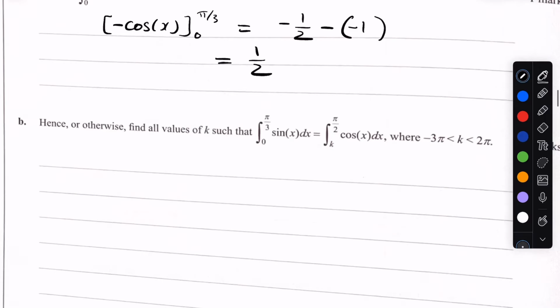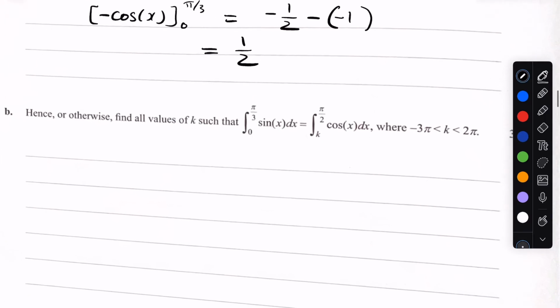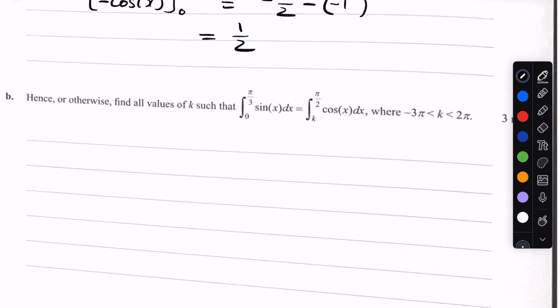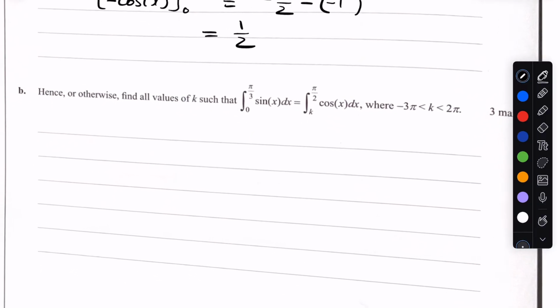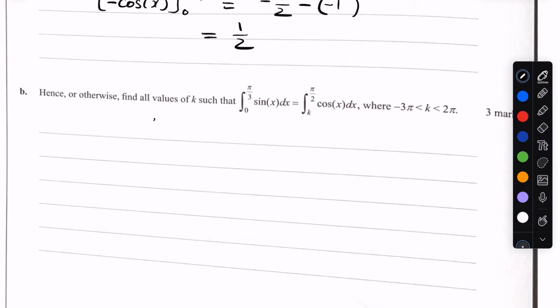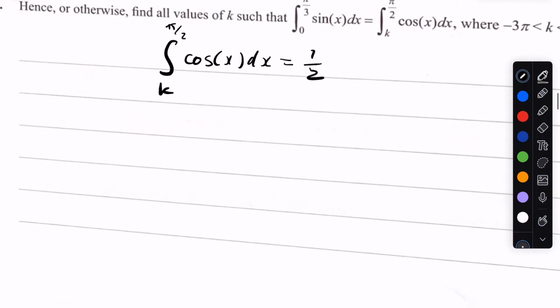And so, find the values of k such that the integral is equal to that, where k is between negative 3 pi and 2 pi. So we're just solving the integral from k to pi on 2 of cos x dx is equal to 1/2. So the integral of cos is sine.